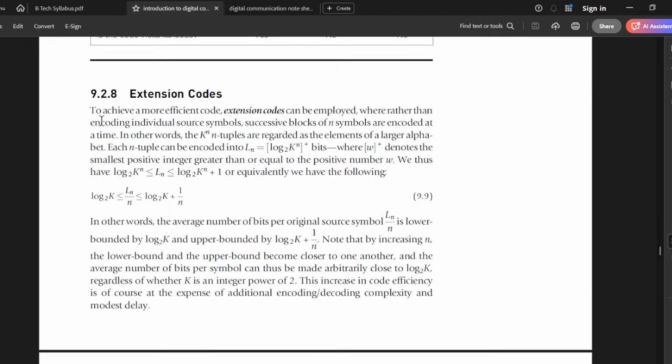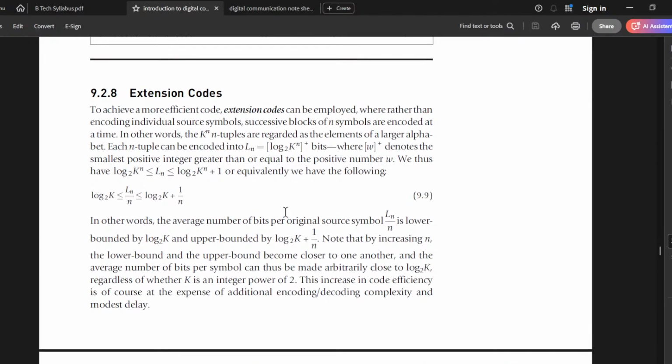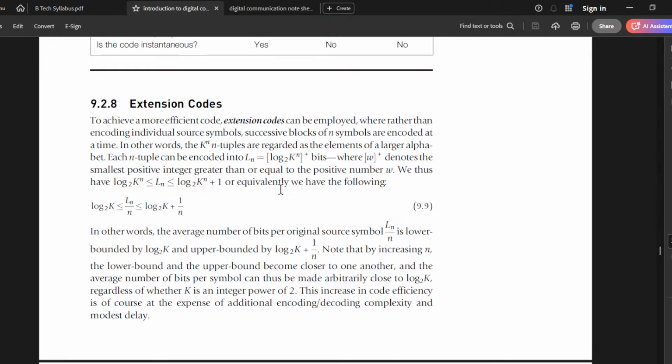Extension codes. To achieve a more efficient code, an extension code can be employed, where rather than encoding individual symbols, blocks are encoded.